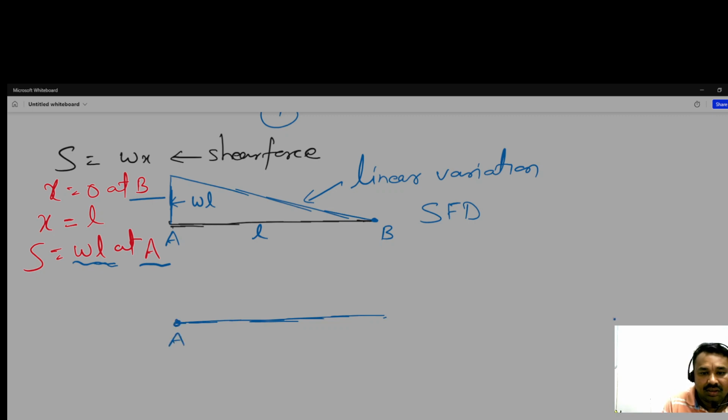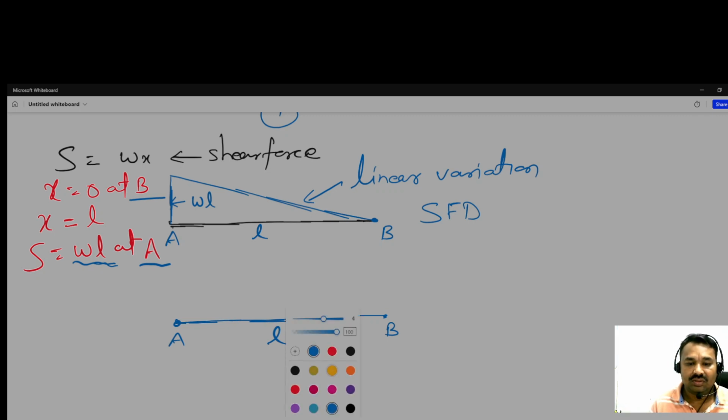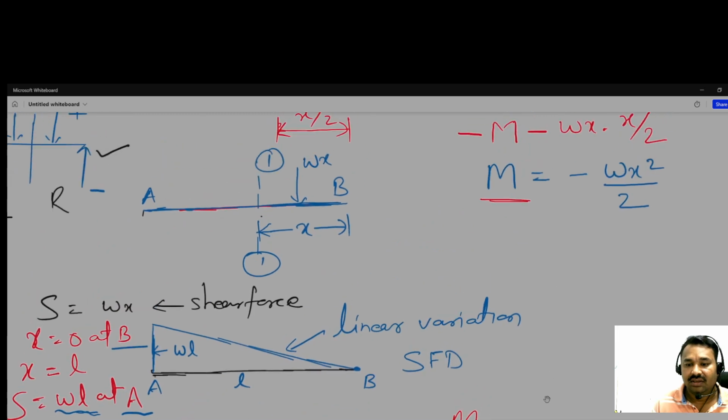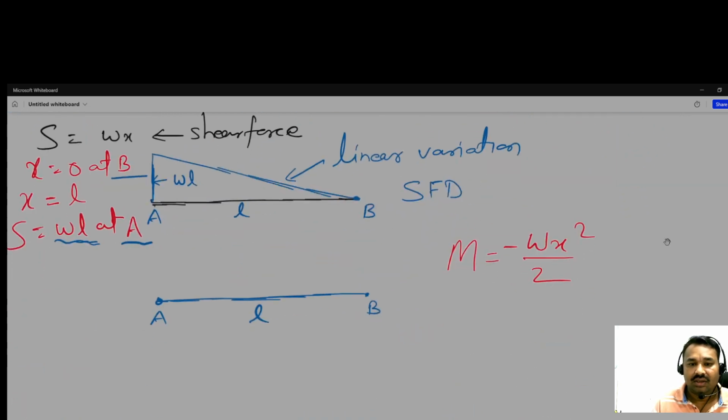Now M is equal to minus Wx square by 2, and x we are measuring from B.